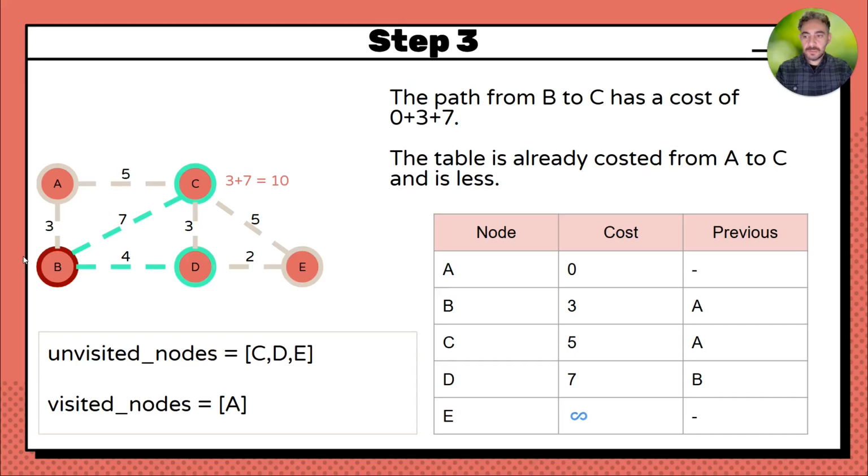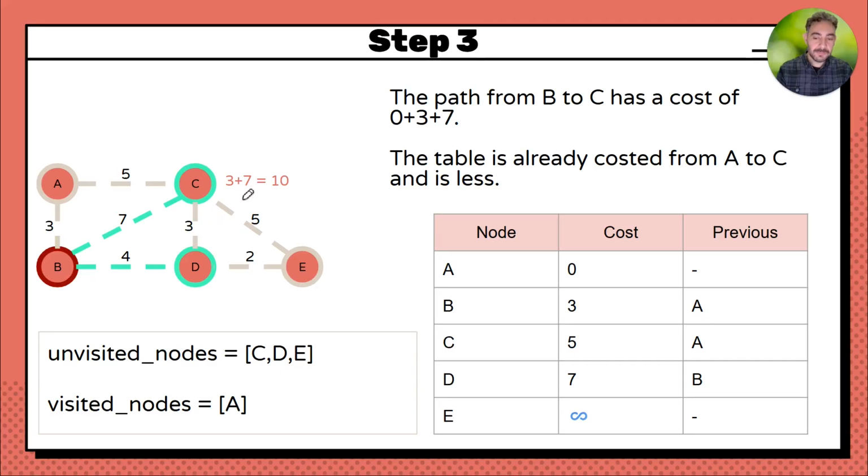Now we can look at the cost from B to C, and we know that the cost of that is 3 plus 7, which equals 10. In this case, we don't need to update the table because the cost of getting to C was already updated when we looked from the path of A, and because this path is less costly, we don't update it.